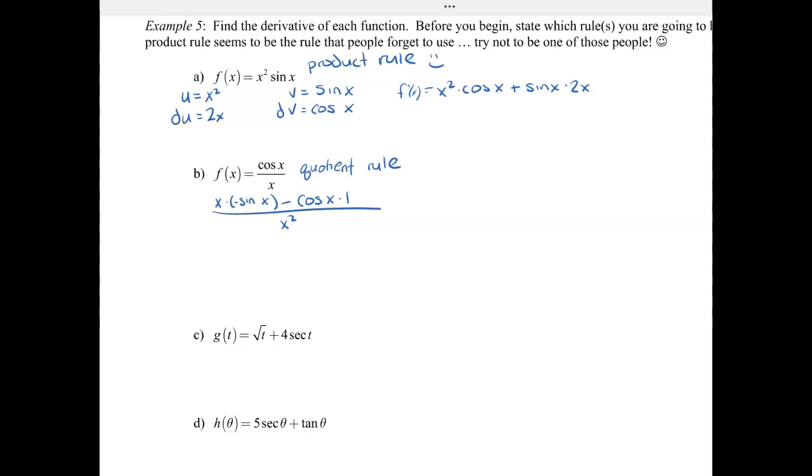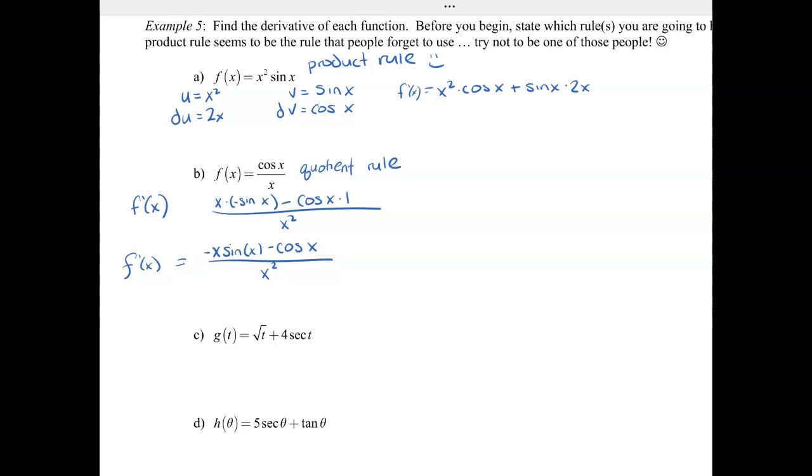Again, I'm going to clean this up as much as I can, which is just going to be negative x sine of x minus cosine of x all over x squared. And that's about as simplified as that can get for f prime of x on that one.